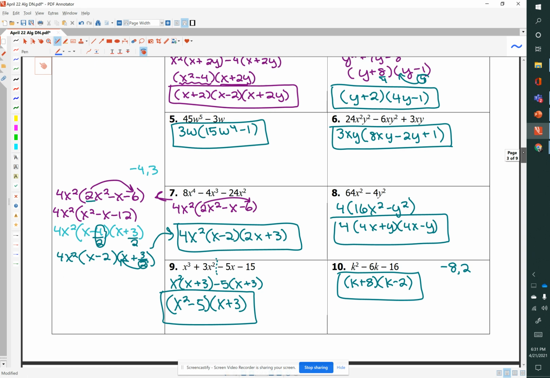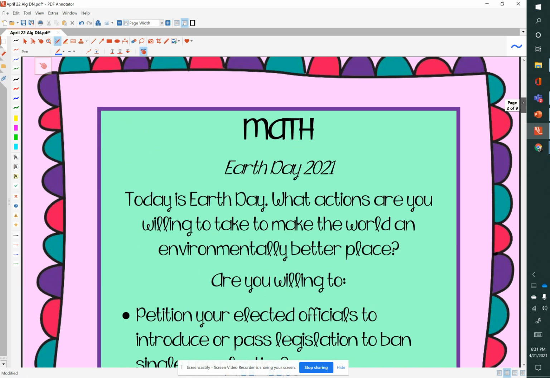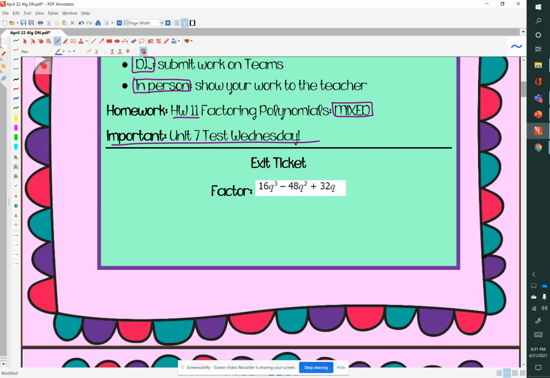So let's go to our exit ticket, and we have a trinomial, 16q to the third minus 48q squared plus 32q. Let's factor out 16 and q to the first power, which leaves us with q squared minus 3q plus 2.